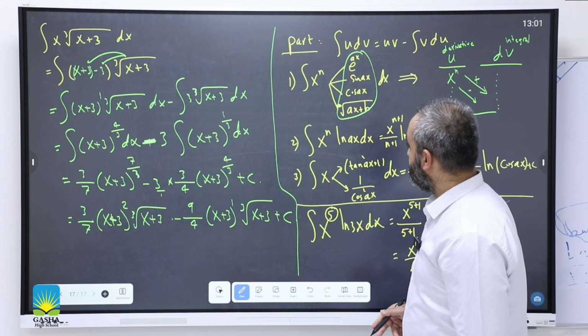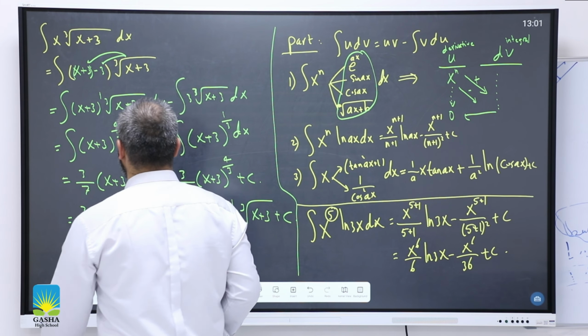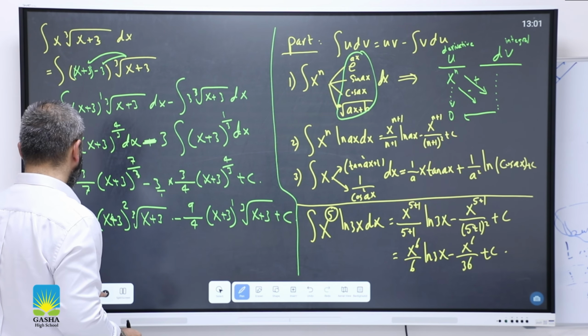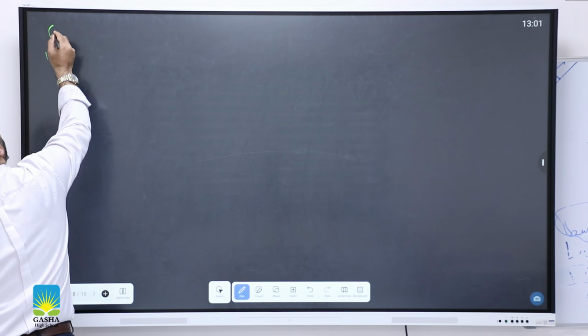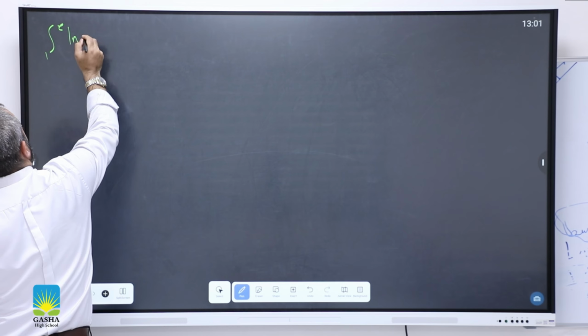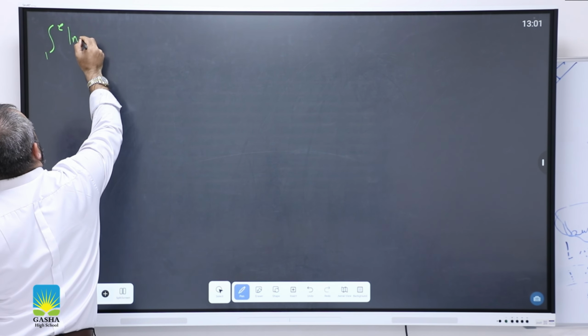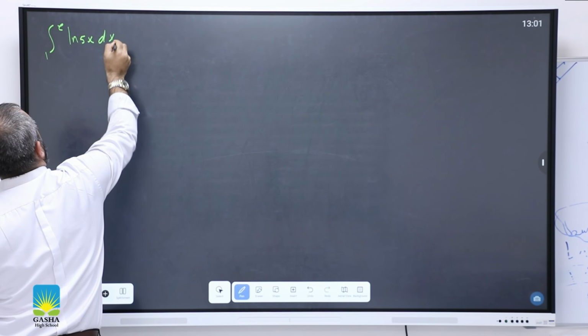And what about the second term? Integral from 1 to e of ln 5x dx.